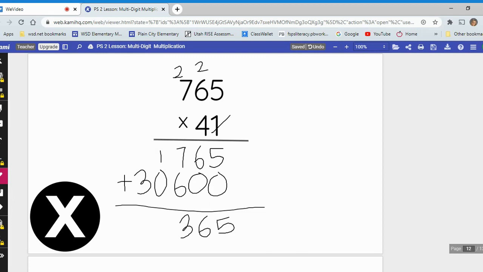Carry a 1. 1 plus 0 is 1. 3 and nothing is 3, and a comma for our placeholder. So hopefully you found that 765 times 41 is 31,365.